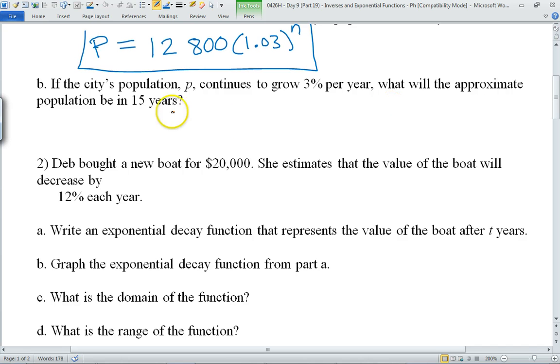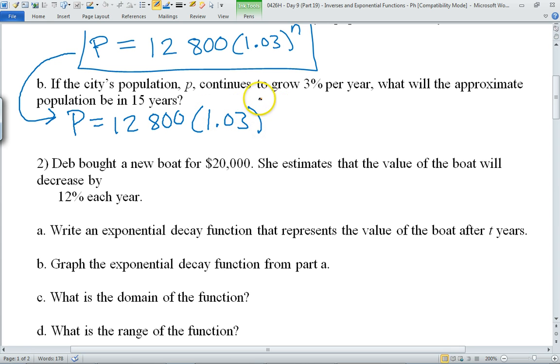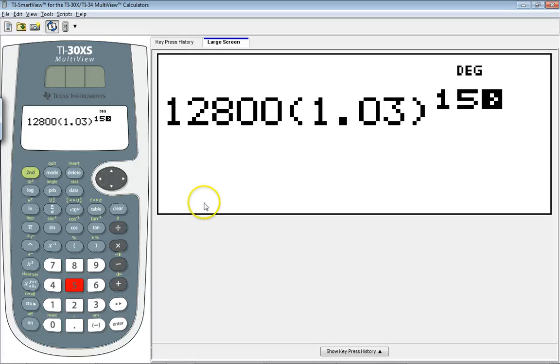Now, looking at part B, if the city's population continues to grow 3% per year, what would be the approximate population in 15 years? Well, we can just use the function that we just had and do population equals 12,800 times 1.03 to the 15 power. We just put that in our calculator and see what we get.